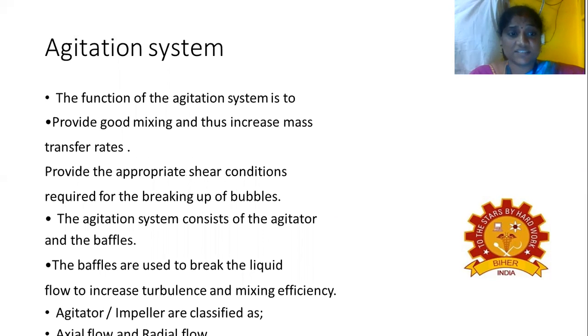Agitation system. The function of the agitation system is to provide good mixing and thus increase mass transfer rates. They provide the appropriate shear conditions required for the breaking up of bubbles. The agitation system consists of the agitator and the baffles.